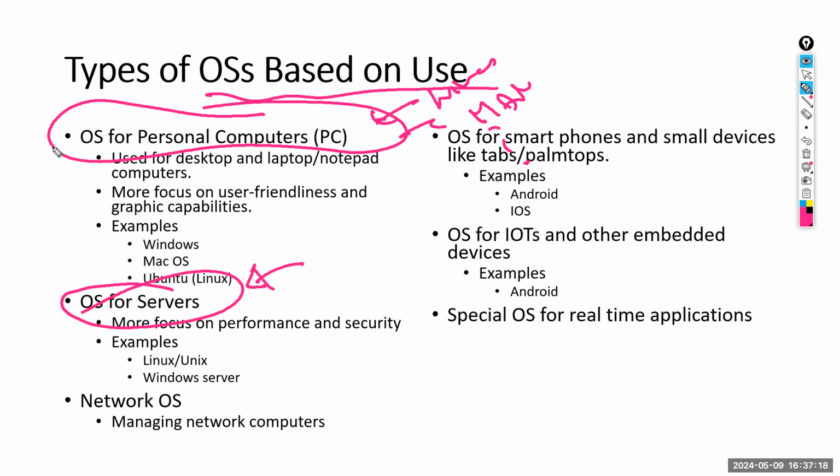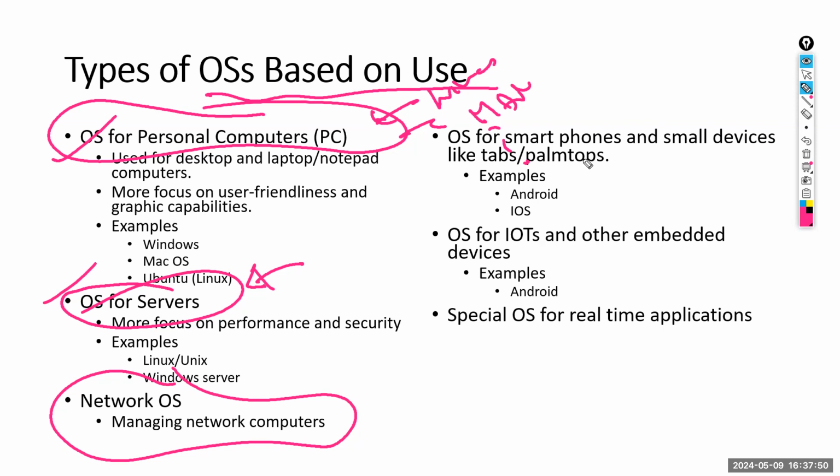So first we look at OSs for personal computing, PC, then OSs for servers. Then there's another category called network operating systems. In a network environment, to manage the network overall, sometimes the network server is given a special operating system, which is a network operating system. But these days, the difference between network OS and normal OS is getting smaller and smaller.